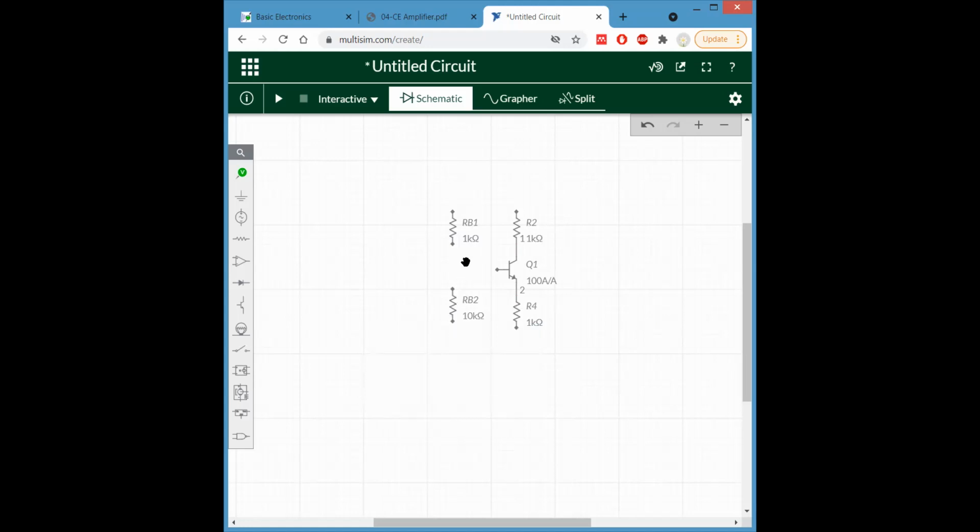RB2 was 10k and RB1 was 47k. So we are just considering the same values as we used in the circuit simulation in the virtual lab, and now make them connected.